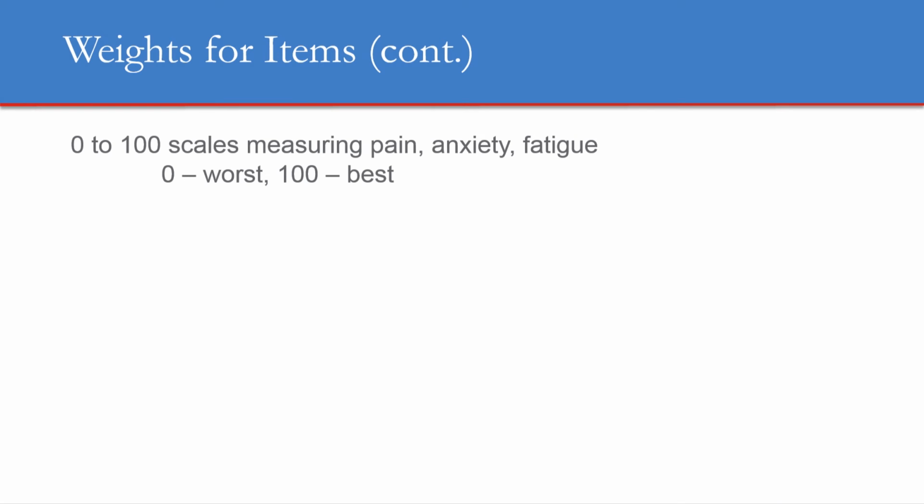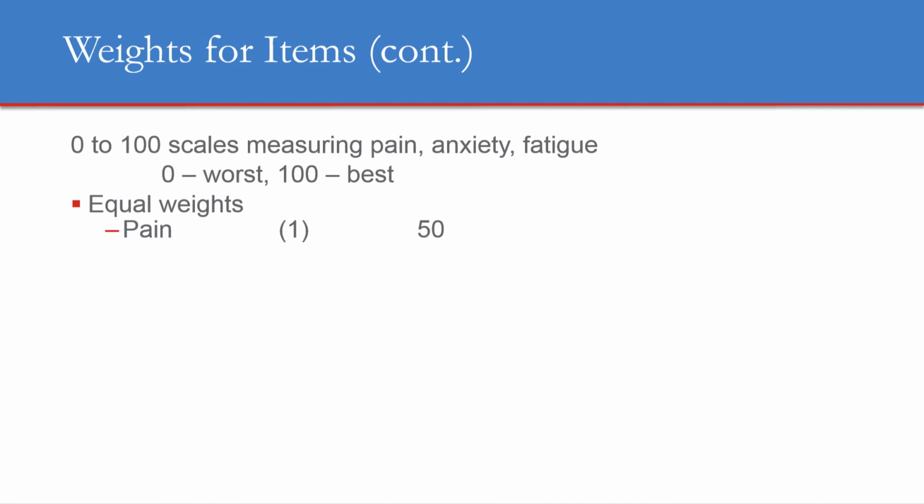Let's take a hypothetical situation where we measure each of pain, anxiety, and fatigue on a scale of 0 to 100, with 0 being the worst and 100 being the best. We use the three measures to estimate the overall score. In the first instance, we assign equal weights to all the measures.